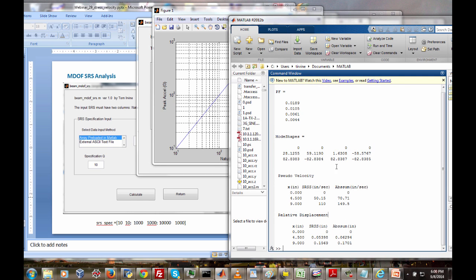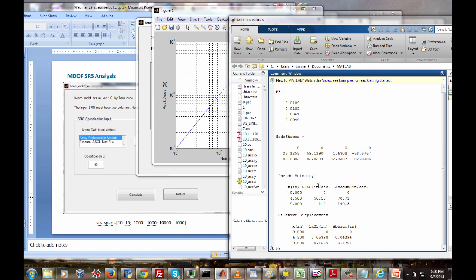And okay, so we see the participation factor shown there. Our mode shape is here, and the mode shapes are just shown in terms of the 3 coordinates: the fixed end, the midpoint, and the free end. Then the pseudo velocity of each of 3 locations: the fixed end, the mid location, and the free end.